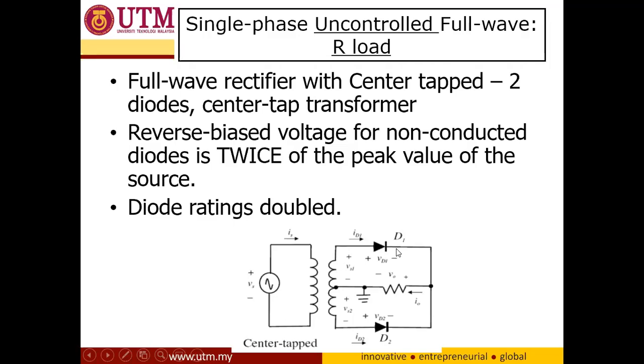For the full bridge, the rating only needs to be at least equal to the voltage source maximum input, but for the diode used in this center tap, the voltage capability must be at least twice the peak of the source. So that is one of the limitations of this center tap.